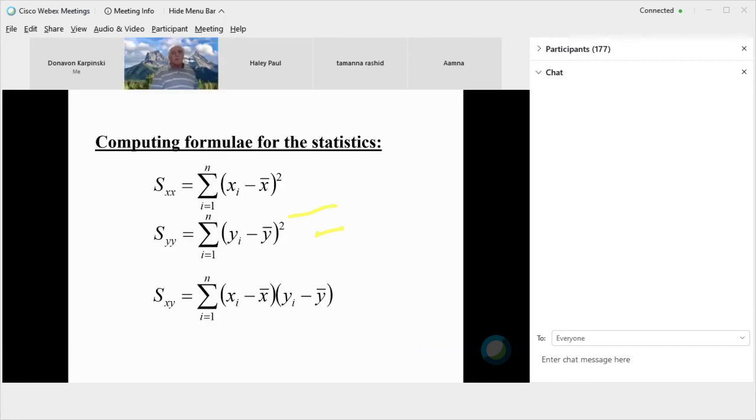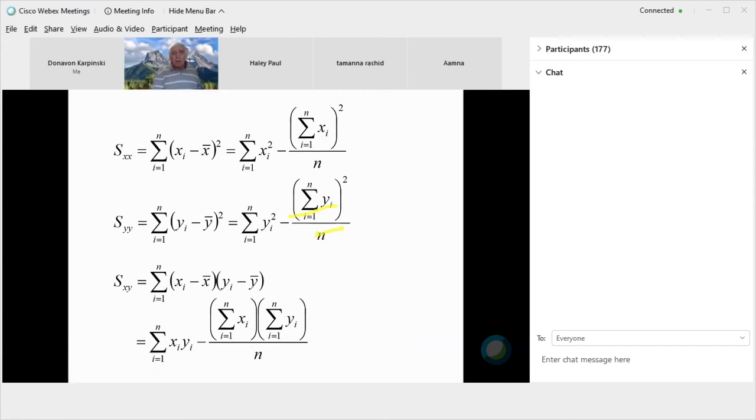Some computing formulas for these three statistics. The far right-hand side is the best way to compute SXX and SYY. We looked at these when we were computing variance. The third one is similar to the first two, except it's working with products of xi's and yi's.